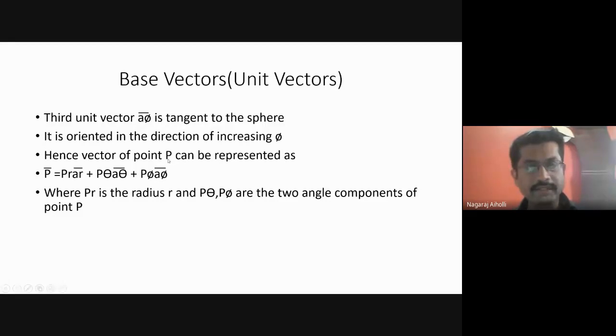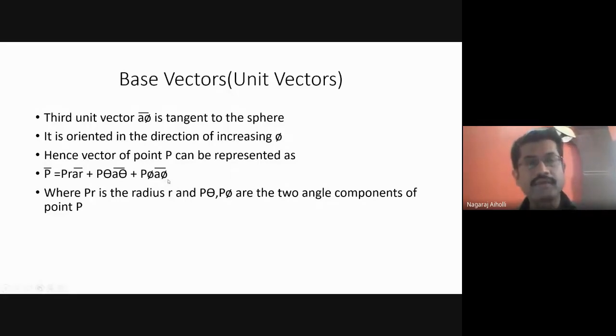If we know the coordinates, which are r, theta, and phi, then we can write the vector as P vector equals PR AR bar plus P theta A theta bar plus P phi A phi bar.